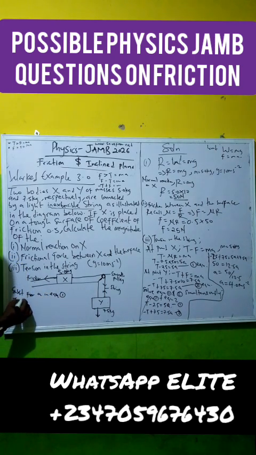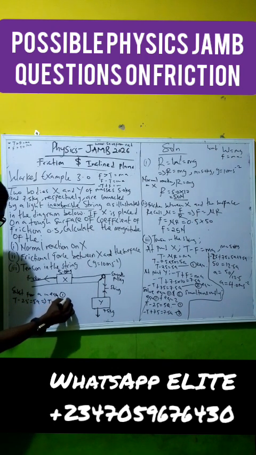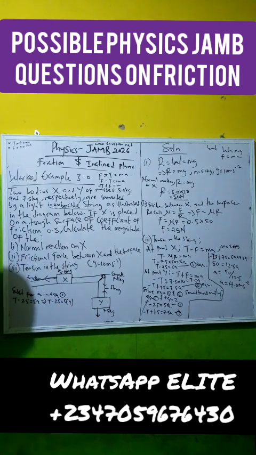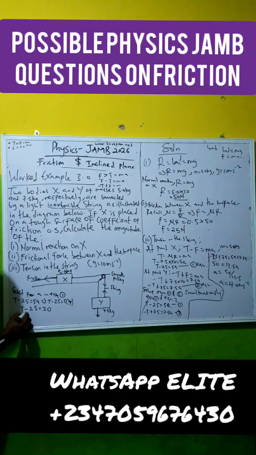T minus 25 equals 5A, which implies that T minus 25 equals 5 times 4. Then T minus 25 equals 20. Alright, so T equals 45 Newton. So the tension in the string is thereby 45 Newton.